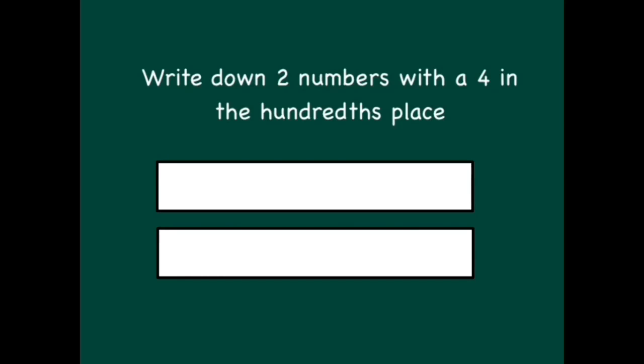This last question asks us to write down two numbers with a 4 in the hundredths place. Pause the video if you need more time. We need to be really careful with our place value headings here.